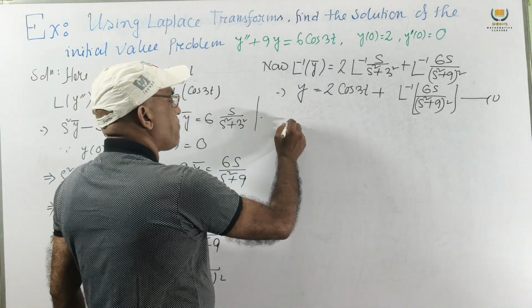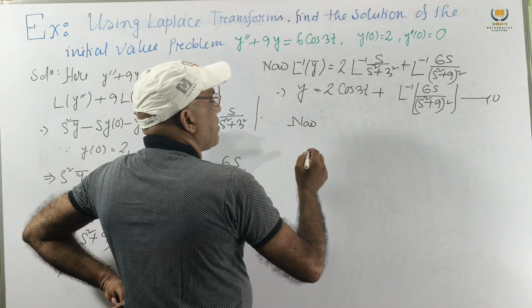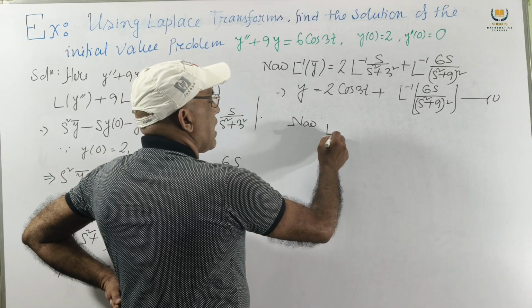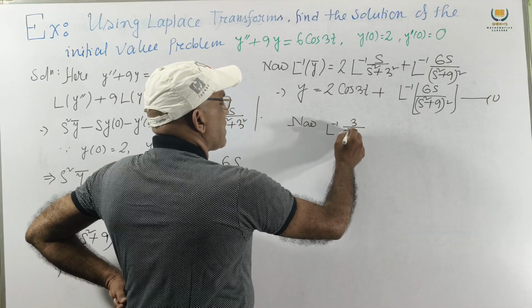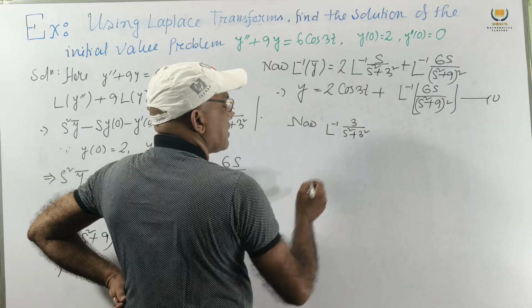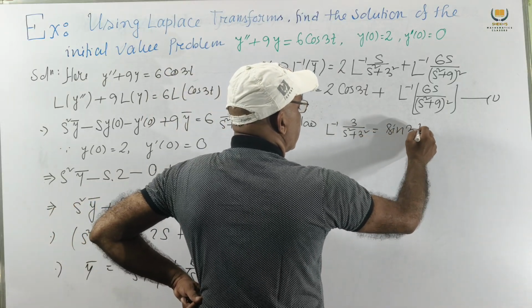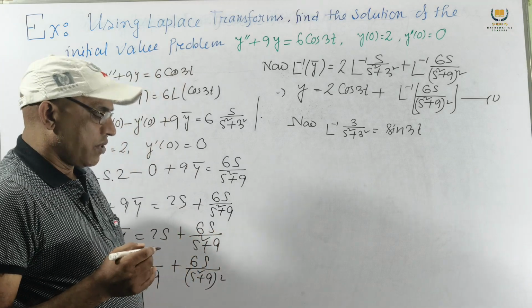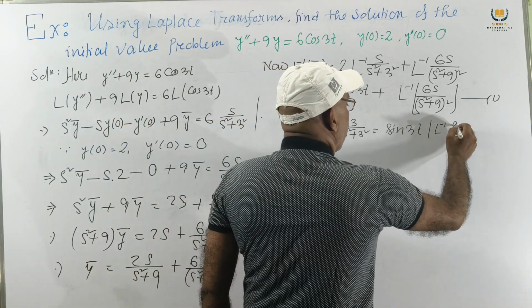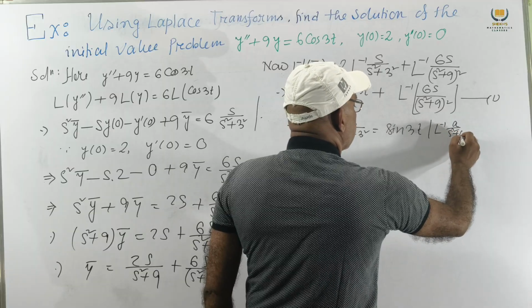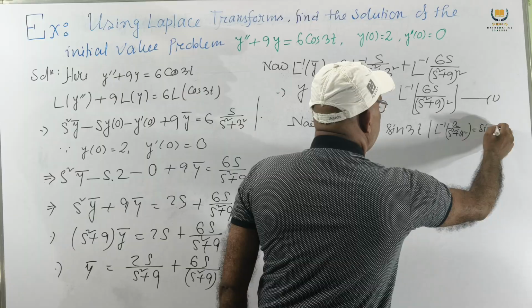Now, L inverse of 3 by s square plus 3 square equals sine 3t. We know this formula: L inverse of a by s square plus a square equals sine at.